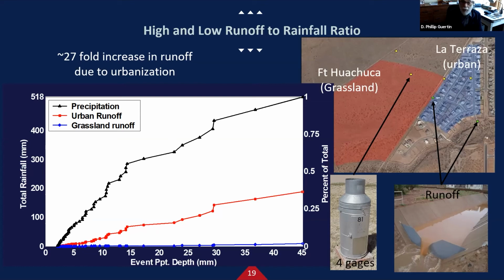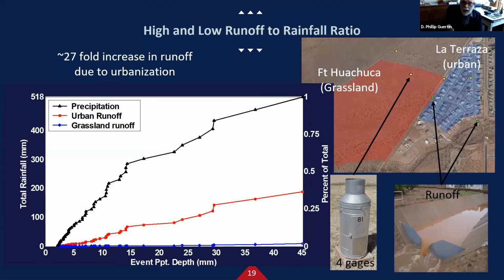We also have accumulative urban runoff as well as accumulative grassland runoff. And you can see that we have a very low runoff to rainfall ratio for the grasslands compared to the urban area.